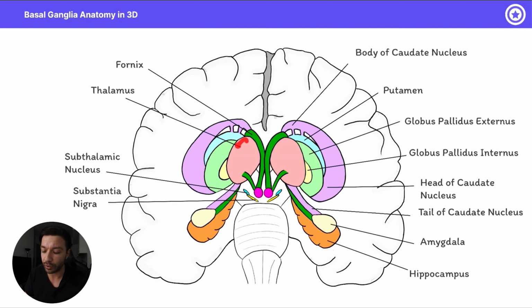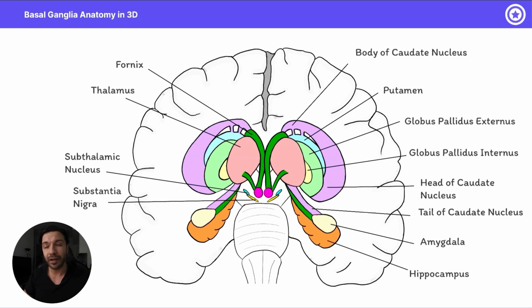And then if we look just below the thalamus, we have the subthalamic nucleus, which is going to be this little blue structure right here. This subthalamic nucleus sits just at the corner of our substantia nigra, this yellow structure right here.